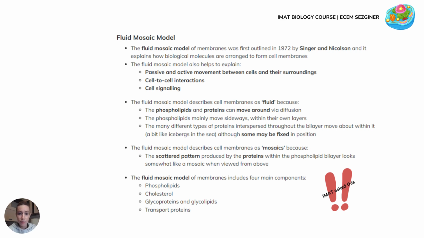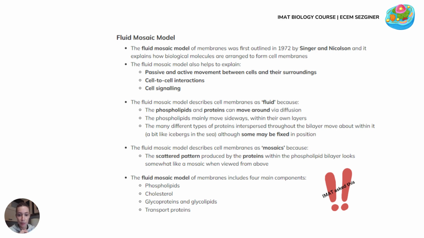There are many different types of proteins that can be found on the bilayer membrane, and they can move around within the membrane. And when it's necessary, we can also find them in fixed positions. So as you can see, this fluidity can bring great variety in proteins and how proteins behave within the membrane. Another important point is that the mosaic part of this model comes from the observation of the scattered pattern of proteins that you're going to see on the image in the next slide.